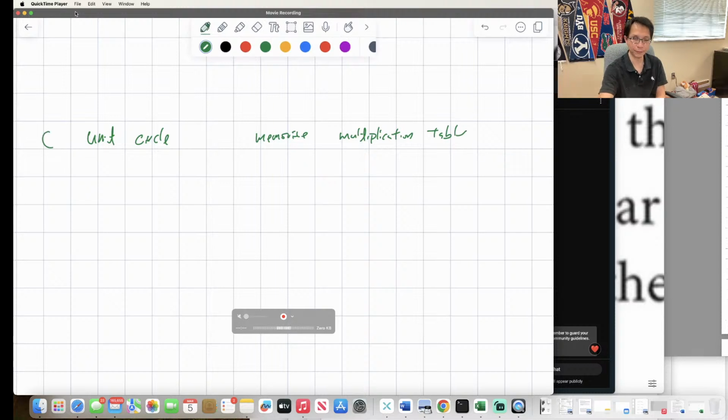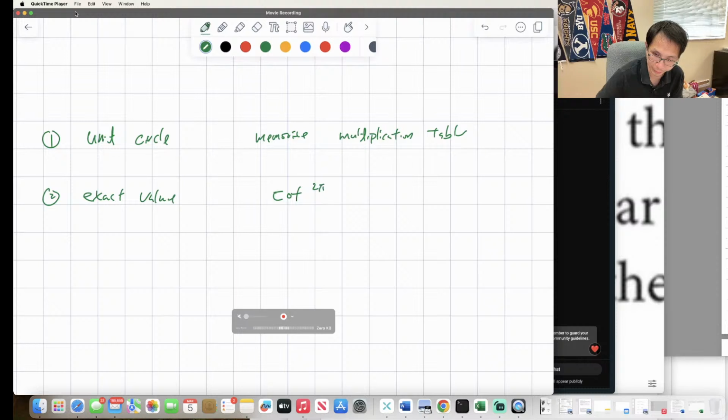So this is the first stage you will be learning. Second stage. What is the exact value? Well, exact value is like, what is, I don't know, cotangent of 2 pi over 3.